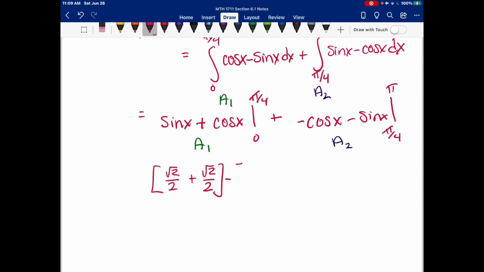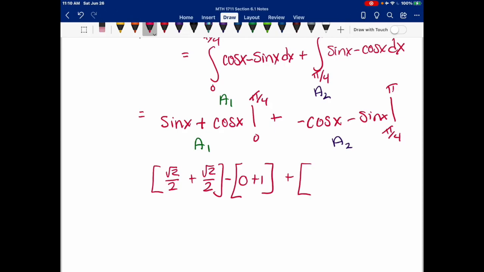When I plug in pi over 4, I'm going to get the square root of 2 over 2 plus the square root of 2 over 2. Then I subtract what I get when I plug in 0. When I plug in 0, I get 0 plus 1.